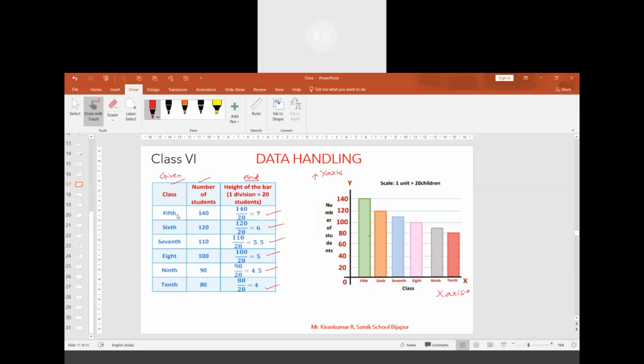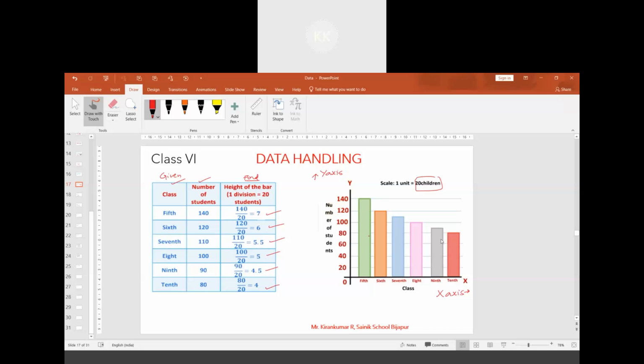For 5th standard, when we divide using the scale of 20 children, I get the height as 7. The height of 6th class is 6. For 7th class, it is 5.5. For 8th class, it is 5. For 9th class, it is 4.5. For 10th class, it is 4.